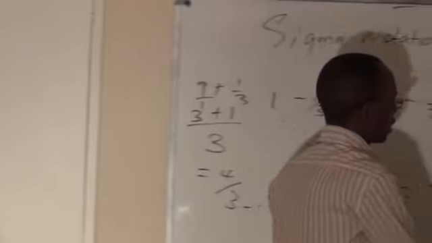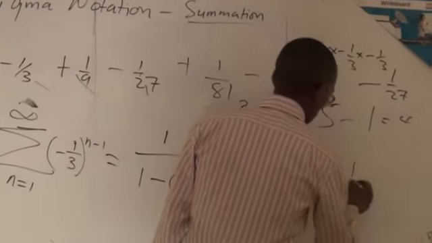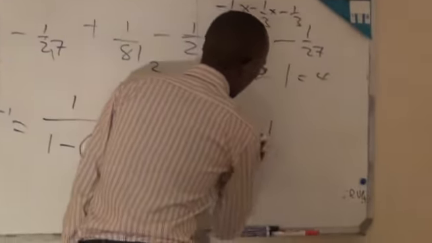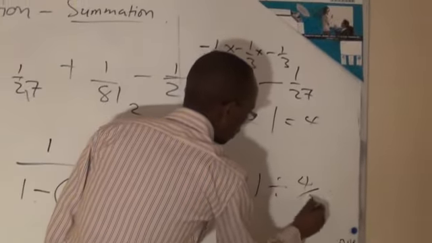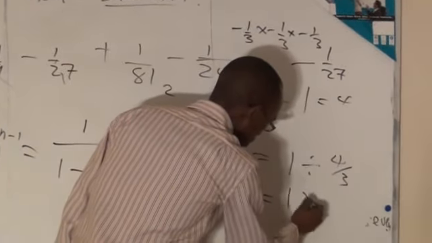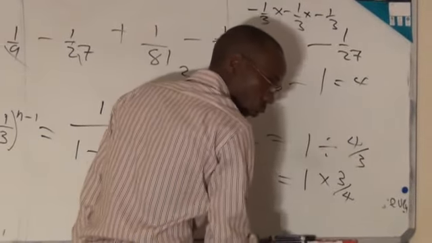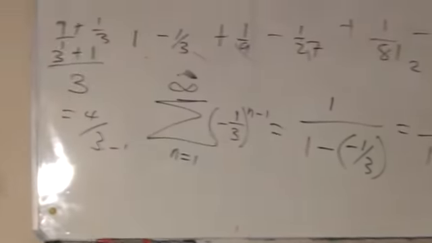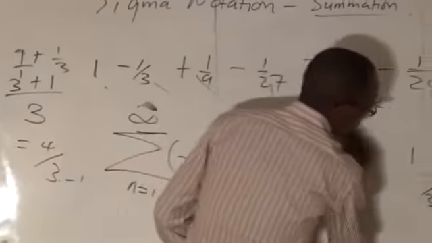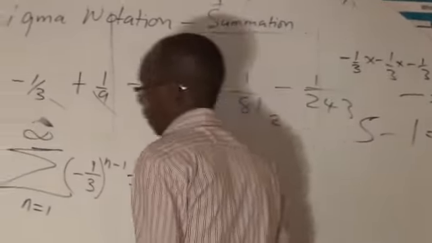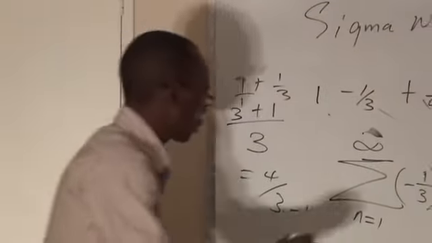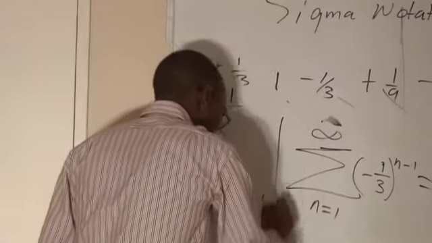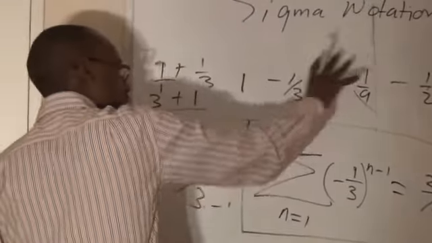So we are saying this is the same as 1 over 4 over 3, so 1 divided by 4 over 3, which is the same as 1 multiplied by 3 over 4. Correct? 3/4. So we can come back and write that. The sum to infinity of this particular series is 3/4.